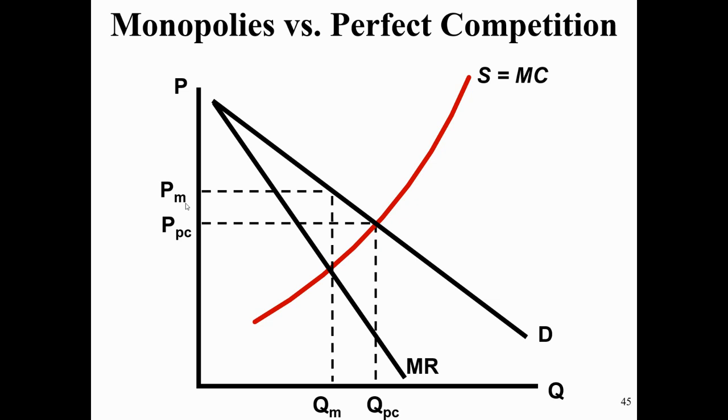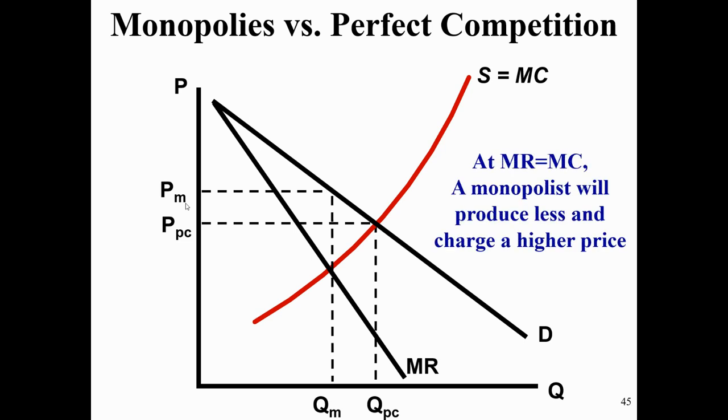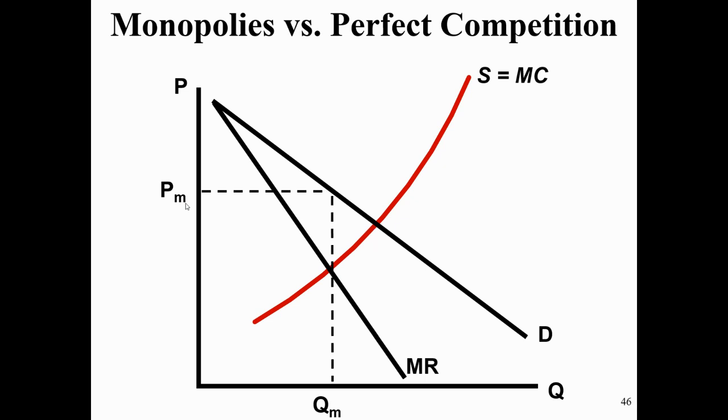Sell for more, produce less. Really efficient. Uh-huh. That's what I just told you. So where is consumer surplus and producer surplus for a monopoly? Think a little bit. Stop the video. Think.